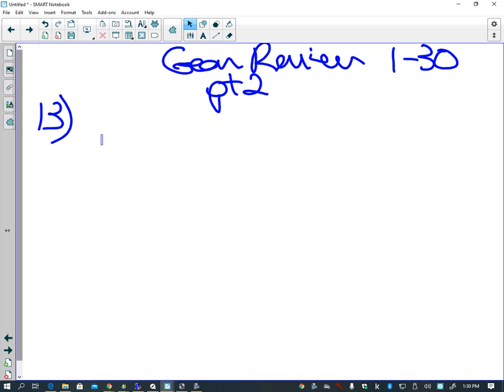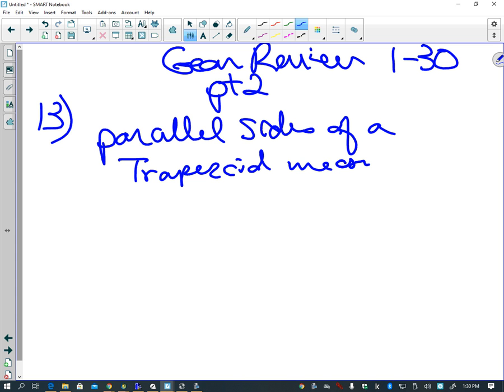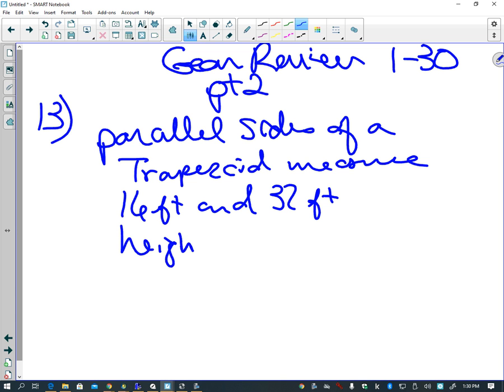So parallel sides of a trapezoid measure 16 and 32, height of 16 feet. Solve for area.